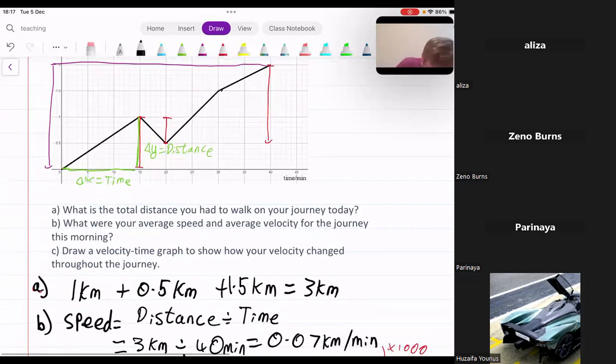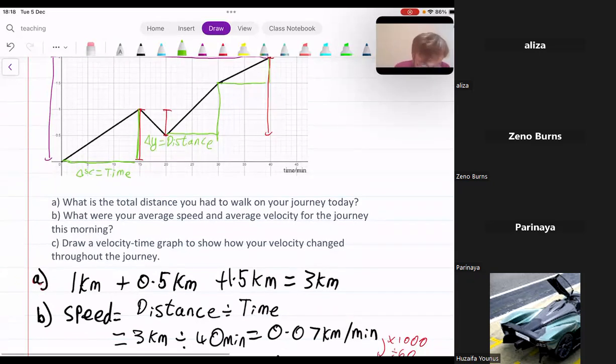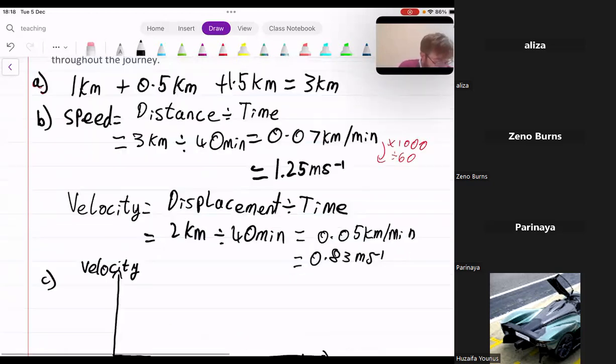Finally, to work out the gradient of the next two sections, we see here, because there's a change in the gradient, you start off going faster, and then you slow down. You start off running back to school to catch up time, but then you're tired, so you slow down again. For the third section, the change in y is 1 kilometer, and the time was 10 minutes.